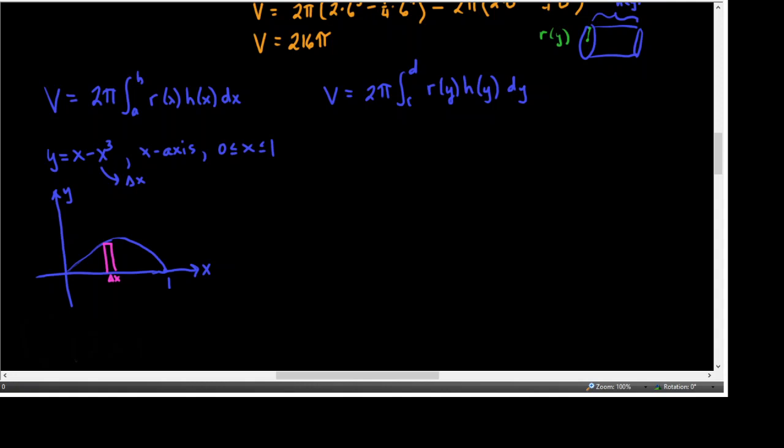So I read the question a little bit further, and it's supposed to be about the y-axis. I think about the y-axis and the fact that it is parallel to my rectangle, and that means, of course, I'm using cylindrical shells. So again, you don't have to draw this part I'm doing here right now. This just helps me get my thoughts in order.